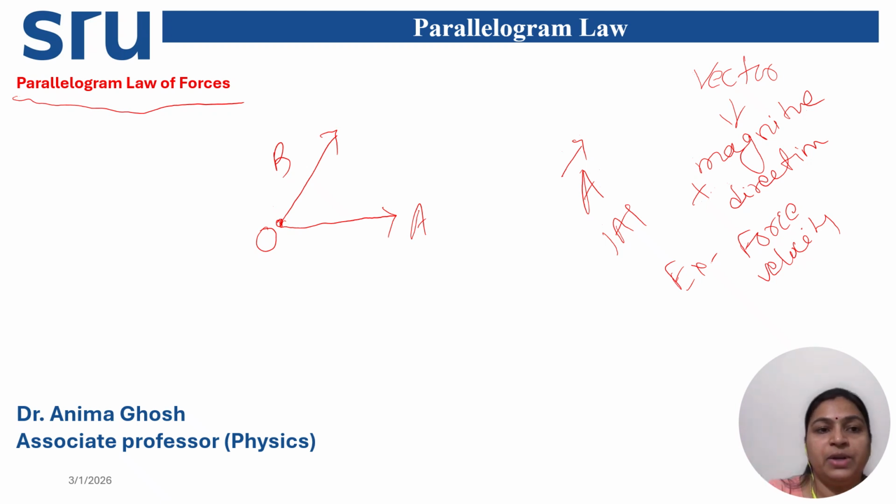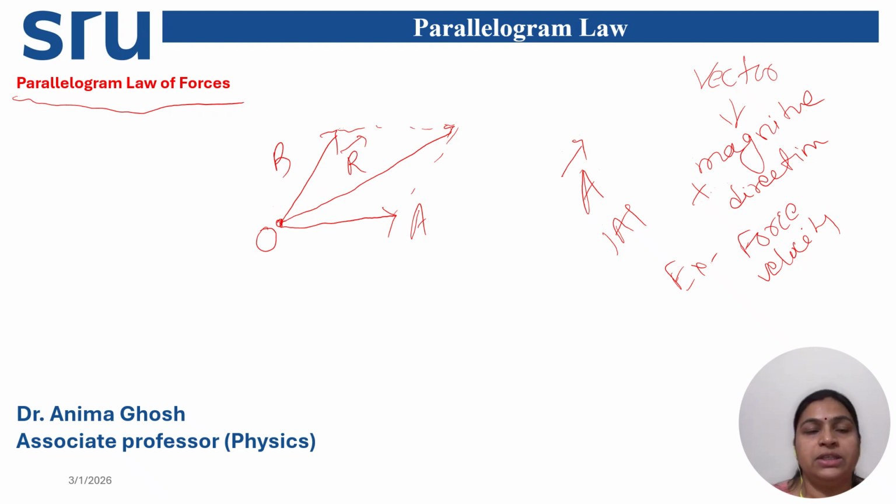So let us complete this parallelogram. This diagonal will be the resultant vector. Or if we say two forces A and B, then the resultant force will be represented here by R.